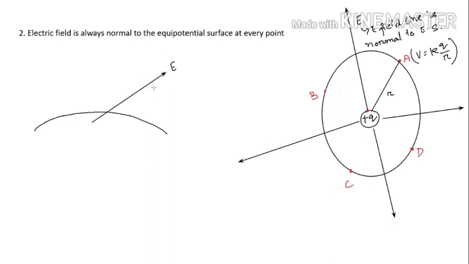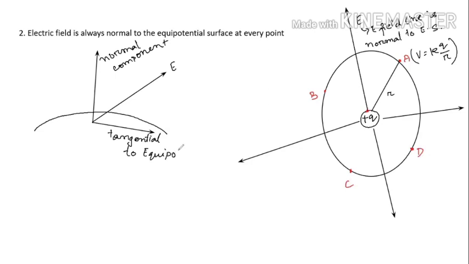We resolve this electric field E into one component in this direction and another in this direction. This is my normal component, and this is my tangential component. Tangential to what? Tangential to the equipotential surface.